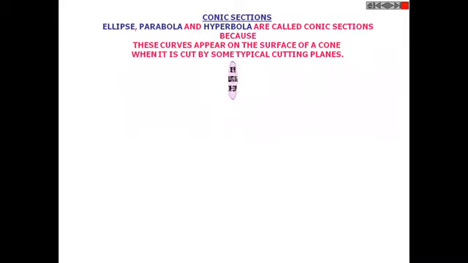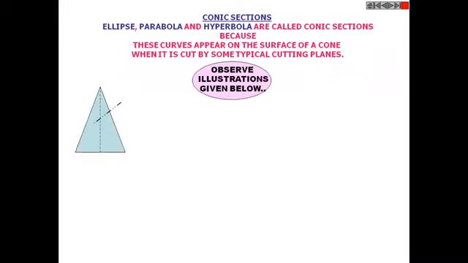The ellipse, parabola, and hyperbola are called conic sections because these curves appear on the surface of a cone when it is cut by a typical cutting plane.